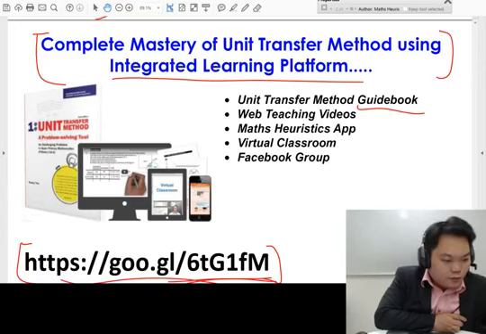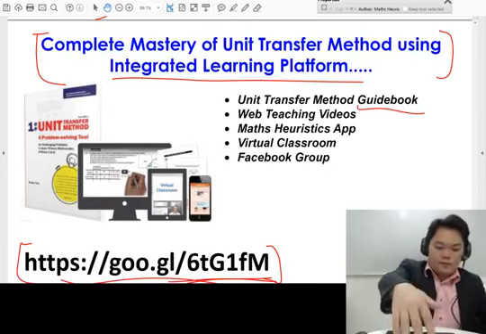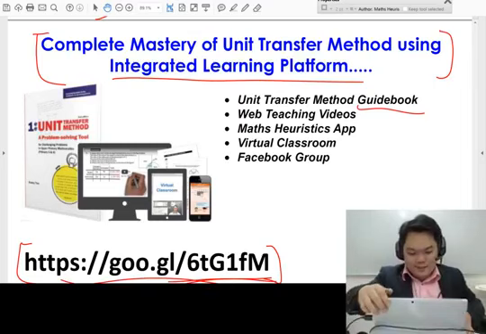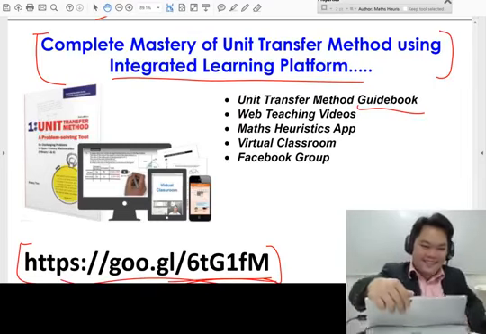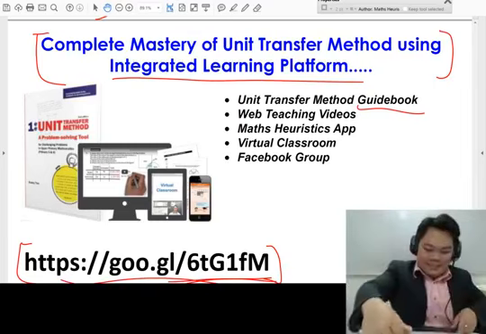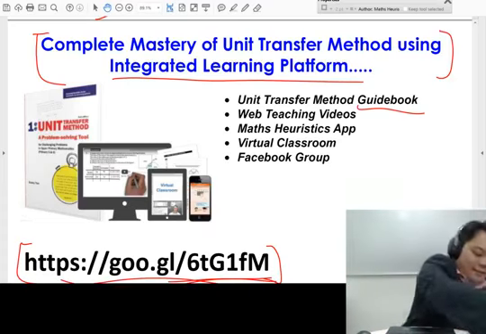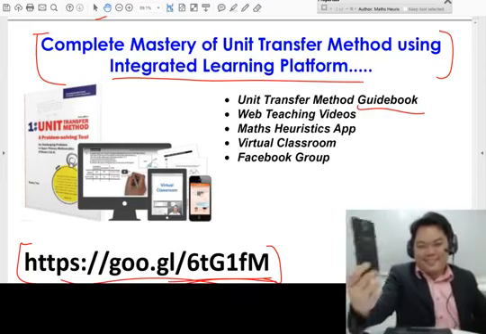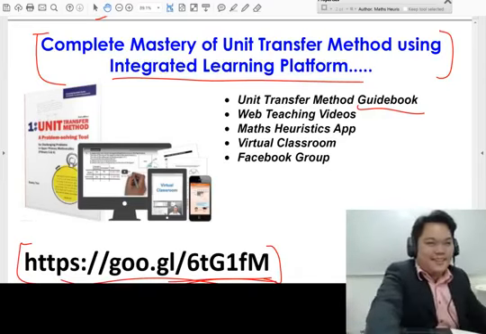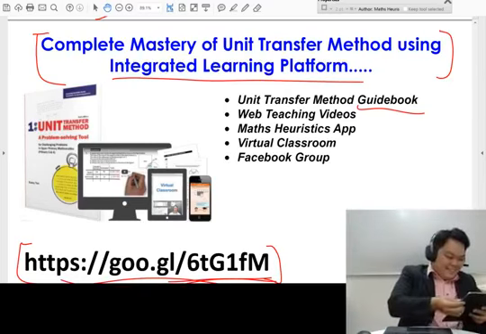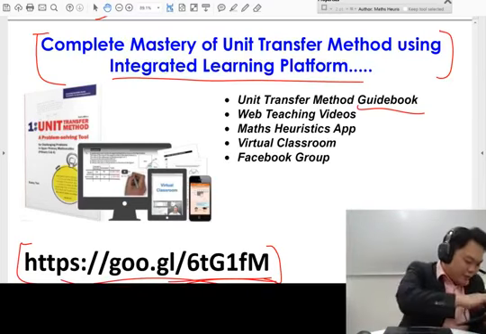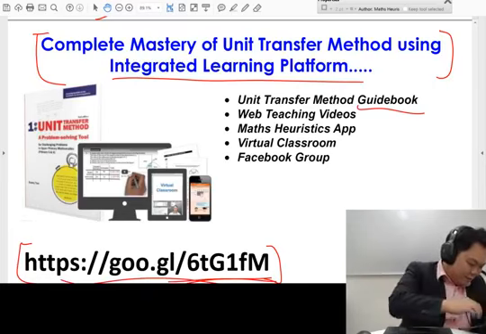Okay, any other questions? So yep, now my setup is quite zai. First I got my tablet here, then I got one backup laptop here, and then I got my phone, and then I also have a tablet here. Okay, then let me try using the tablet to type in the link.